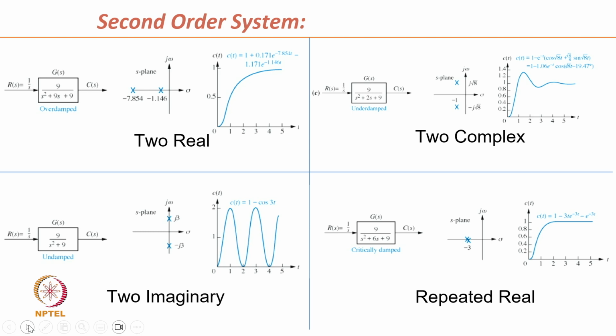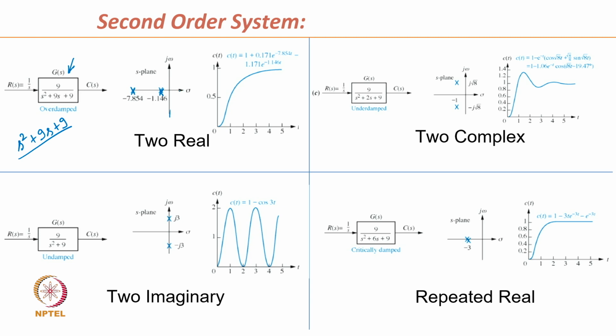So, here we have an example. For example, we have a system where the characteristic equation is s square plus 9s plus 9. This is the characteristic equation. If we take the roots of this characteristic equation and plot them on the real and imaginary axis, the roots fall here and here.